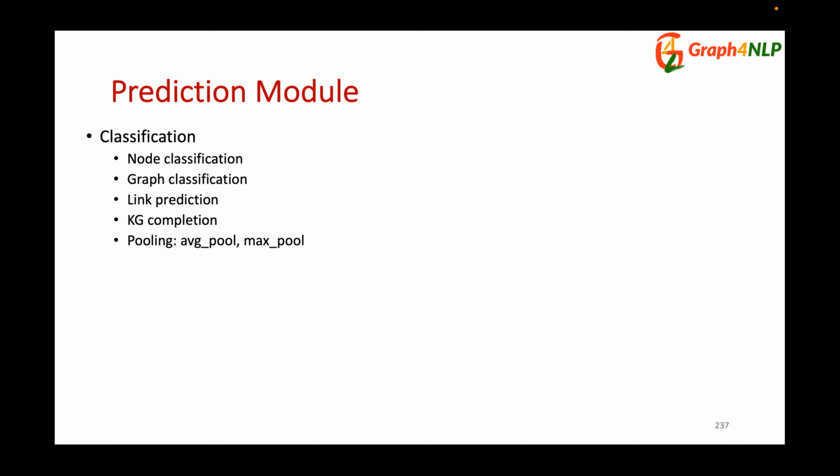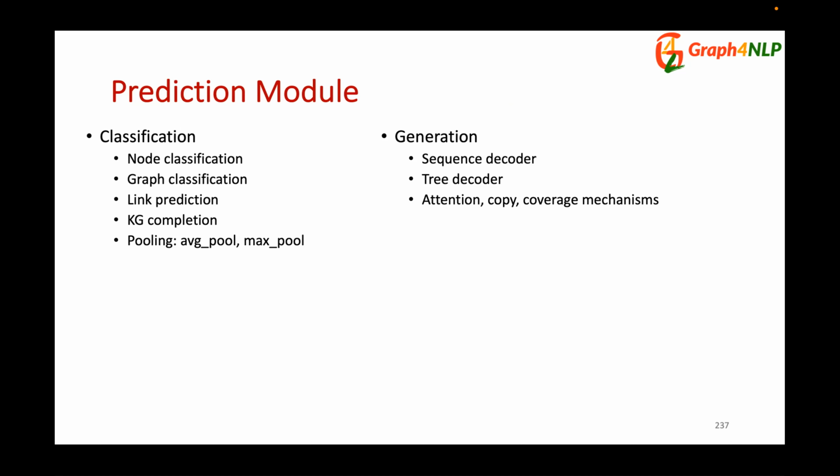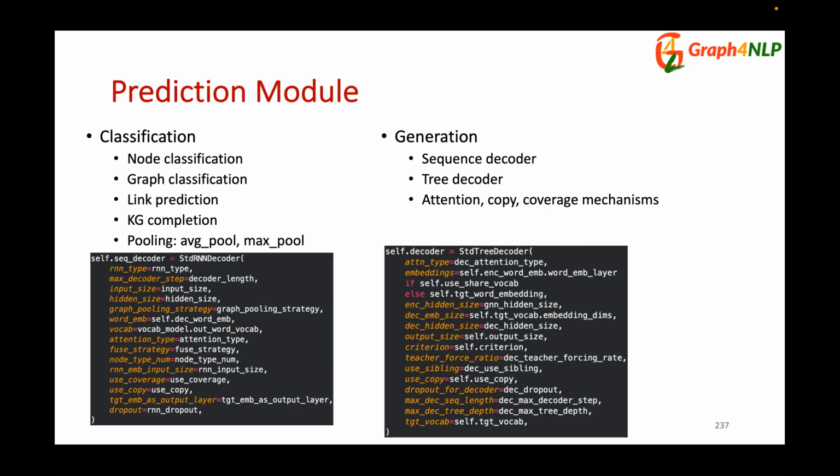For the generation task, we provide built-in APIs for sequence decoders, like the RNN-based decoder, and also an API for tree decoders. For both the sequence decoder and the tree decoder, users can easily employ the attention, copy, and coverage mechanisms by specifying the corresponding parameters.